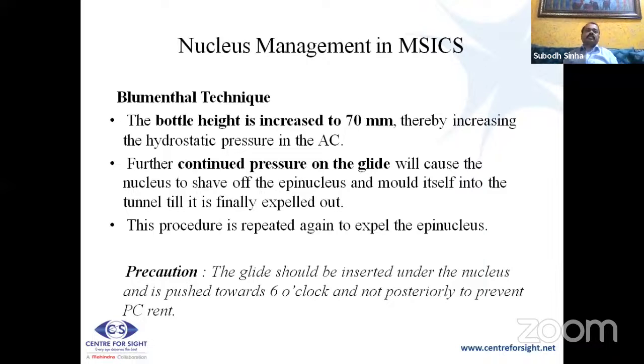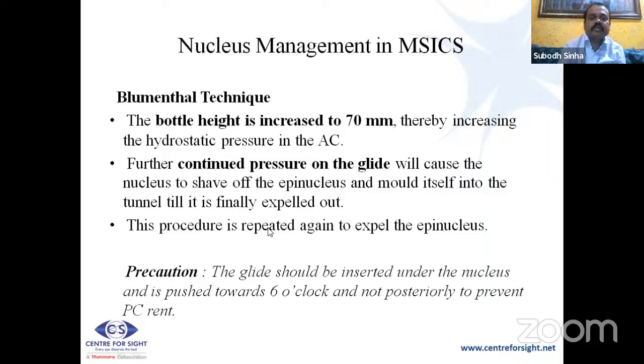Once it is engaged in the tunnel, you increase the bottle height up to 70 centimeters, and the hydrostatic pressure builds up inside the anterior chamber. Then you start pressing on the glide. That will cause the nucleus to sever from the epinucleus, and it will mold into the tunnel.